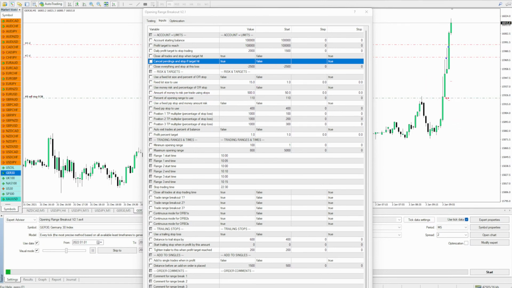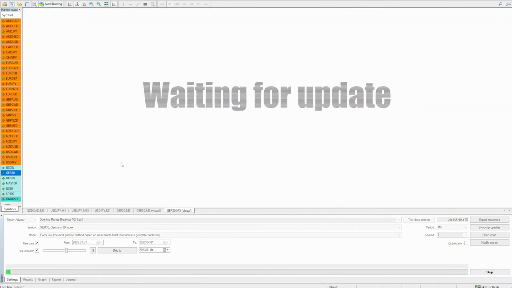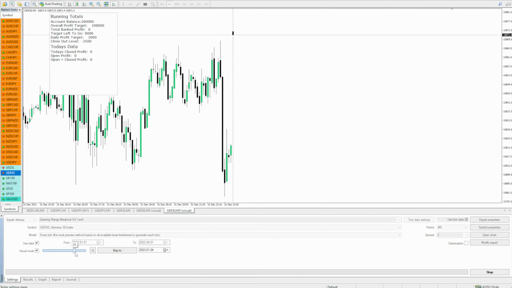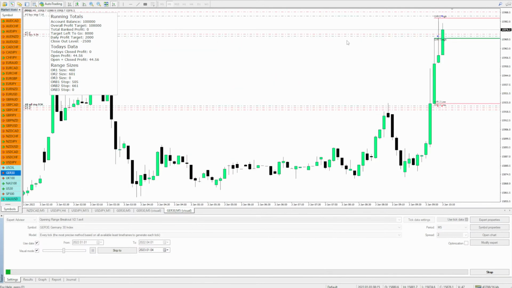So I'll quickly cover this just to show you, because it's all displayed on the info panel as well. If we just move forward to take a trade, I'll stop it there. So opening range 1 is here. Opening range 2 is there.